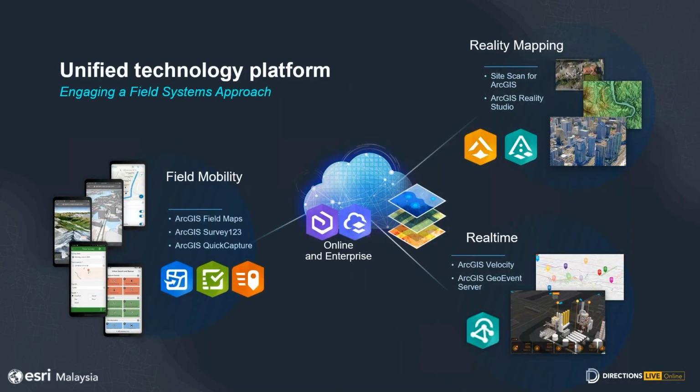Esri provides a powerful platform aligned perfectly with the evolving needs of field operations today. With ArcGIS, we have access to field mobility tools, used to facilitate efficient data capture and asset inspection, helping us ensure accurate and up-to-date information in the field.